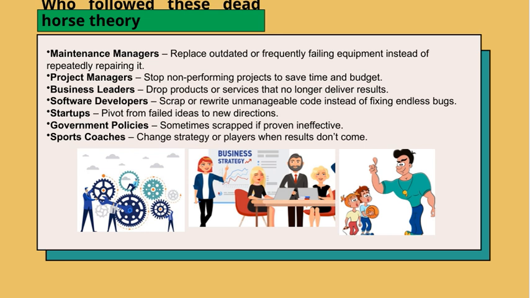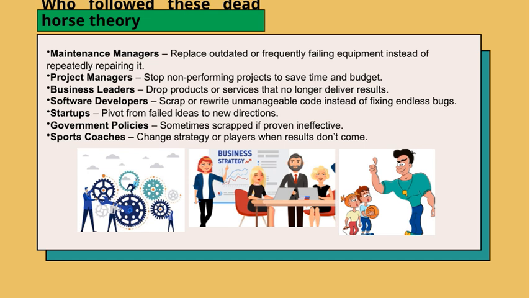Business leaders, too, often face the challenge of dropping products or services that are no longer delivering results. Holding on to them just because they once did well can be a costly mistake. In software development, the approach might be to scrap or rewrite unmanageable code rather than trying to fix endless bugs that seem impossible to resolve.